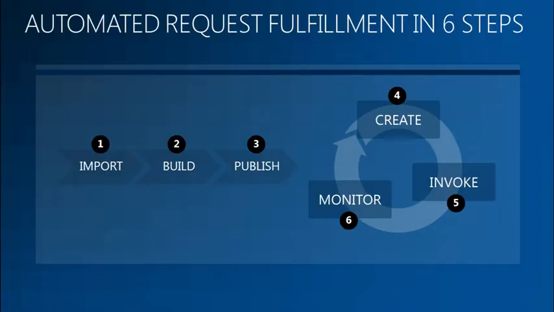At that point, when somebody goes to create a request based on that request offering, they create it from the self-service portal. That then typically would invoke a runbook in Orchestrator, and then we would monitor for the completion of that request. And that's a continuous cycle that happens each time somebody creates a request.